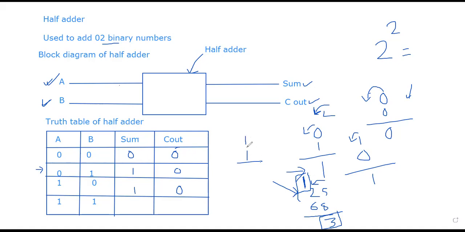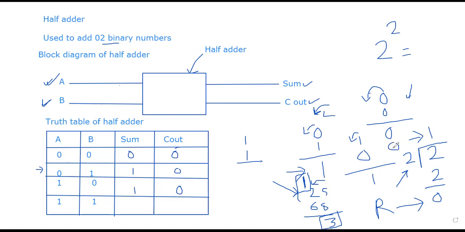Now here once you add 1 and 1, it's going to be 2. We can't put 2 in binary addition. So what I suggest to you is, 1 plus 1 we are getting 2, so divide the 2 by 2. If you ask me why I am dividing it by 2, the base of binary is 2. That's the reason and the logic. So 1 into 2, 2. 2 minus 2 is 0. So the remainder is 0, and the quotient is 1.